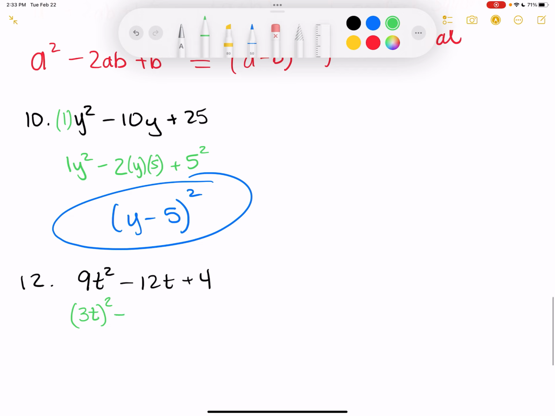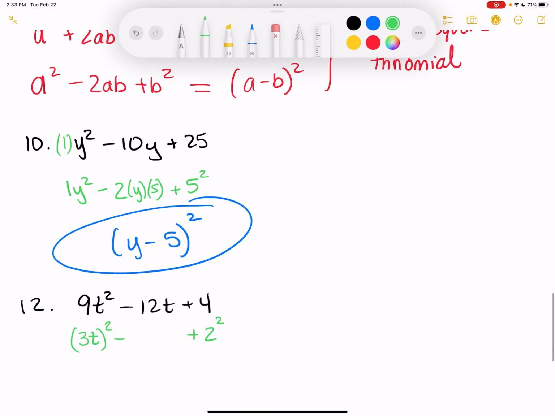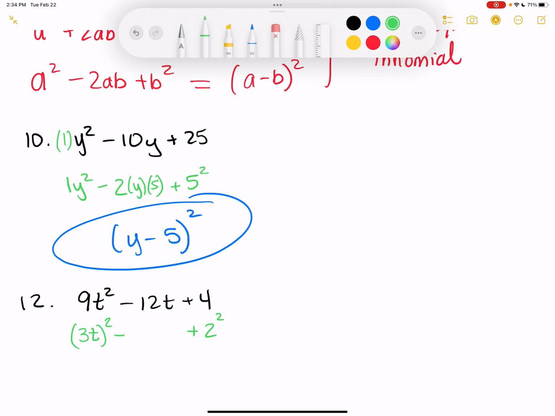Okay, so minus, I'm going to leave that for a second. 4 is what squared? 2. 2 squared. All right, so this middle term, following the pattern 2 times A times B: 2 times A, which is what's inside this little parentheses, 3t, times B, which is 2.